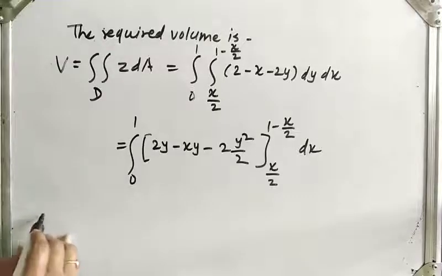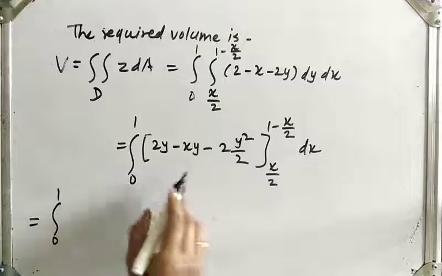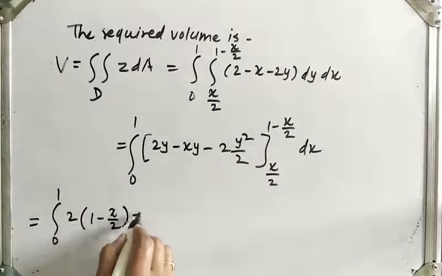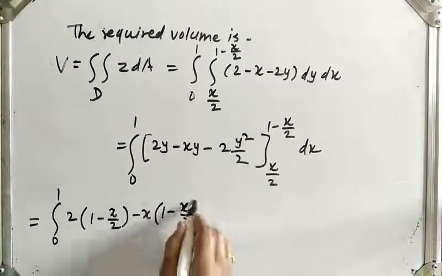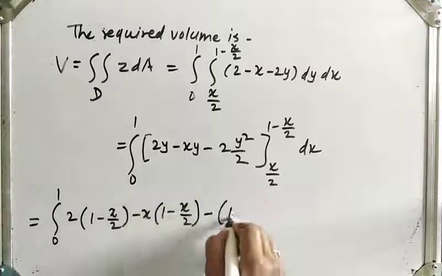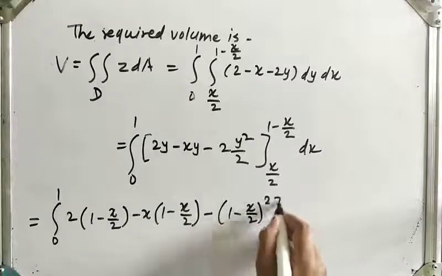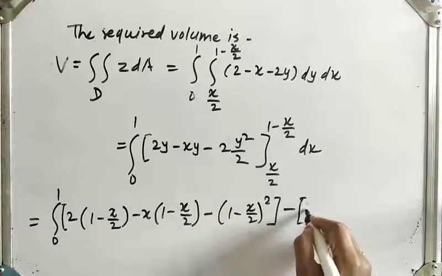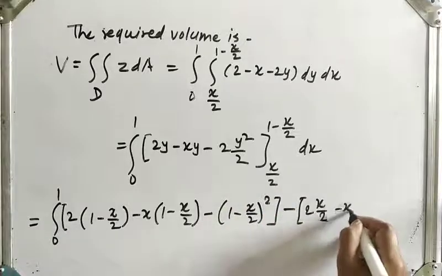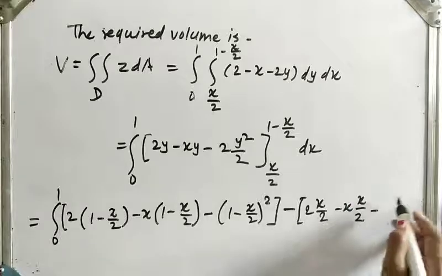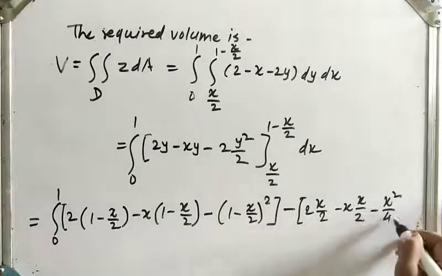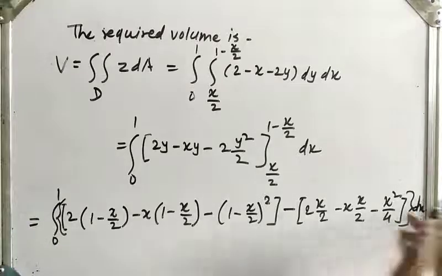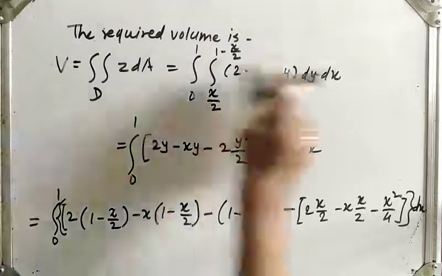So I am writing from here 0 to 1, 1 minus x by 2, 2 into 1 minus x by 2, minus x into 1 minus x by 2, minus 2 will get cancelled, y square means 1 minus x by 2 bracket square. This is upper limit minus lower limit: x by 2, 2 into x by 2, minus x into x by 2, minus y square means x by 2 bracket square, into dx.